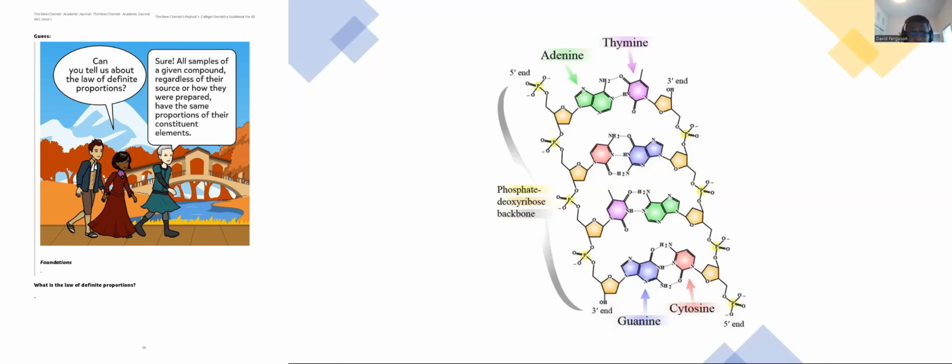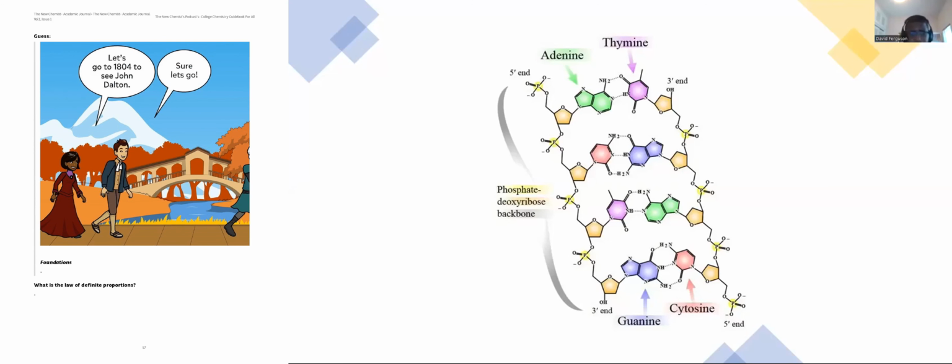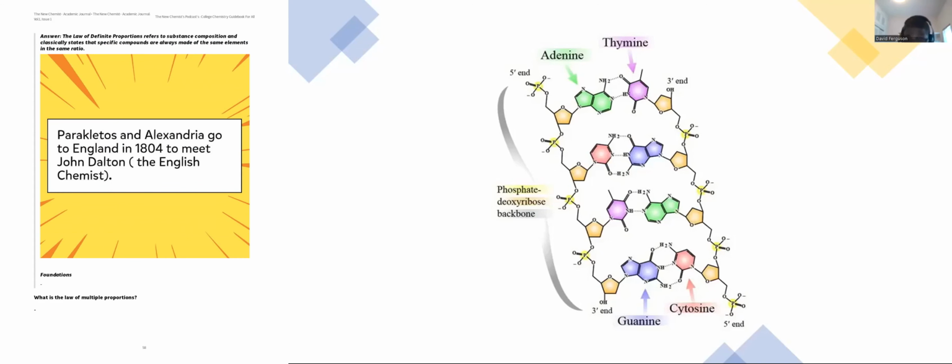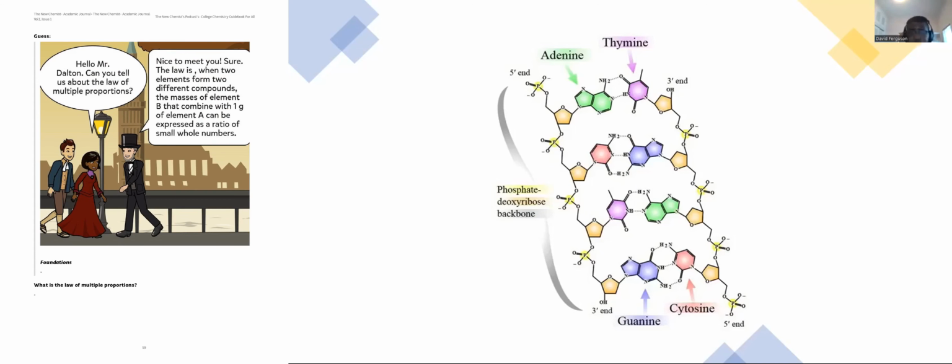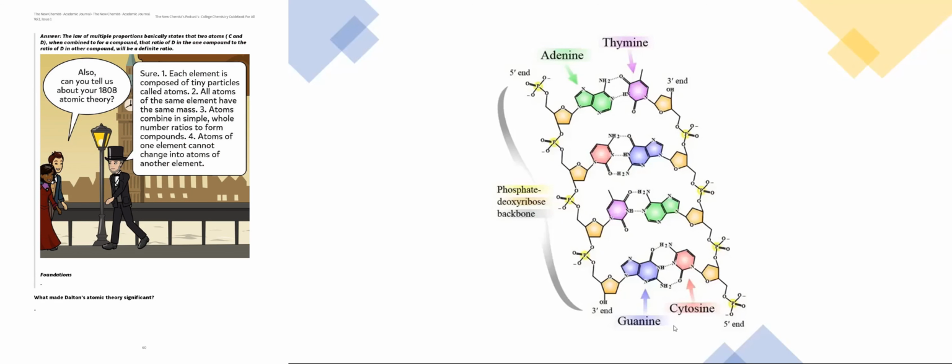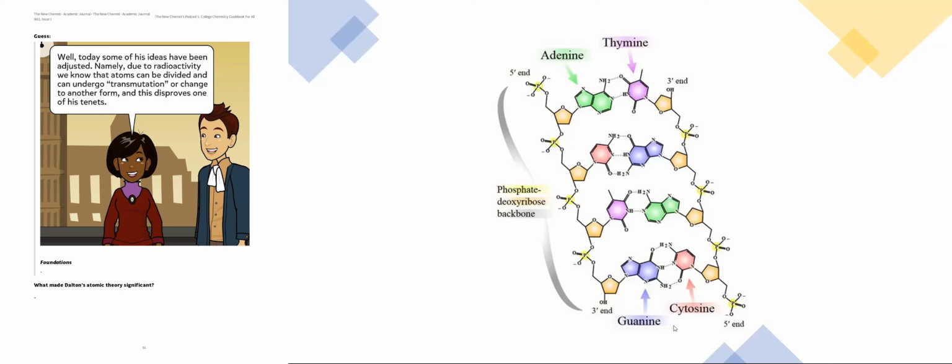However, I want you to look at this and think about what atoms you see, what functional groups you see, and why you think this structure is so important. I'll give you a few minutes to think about it. Okay, very good.